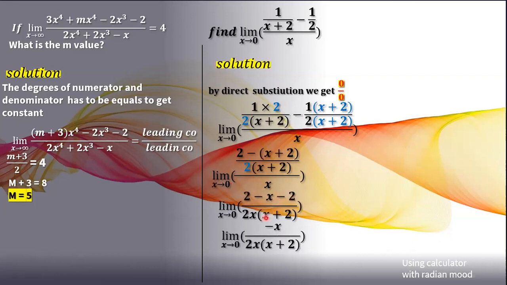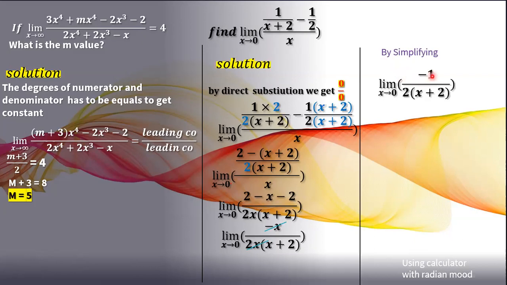So we will get negative x up and down, 2x times (x plus 2). Now we divide numerator and denominator by x.